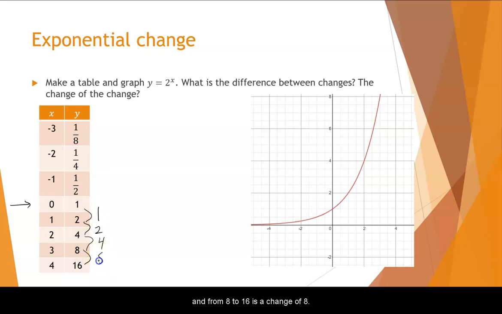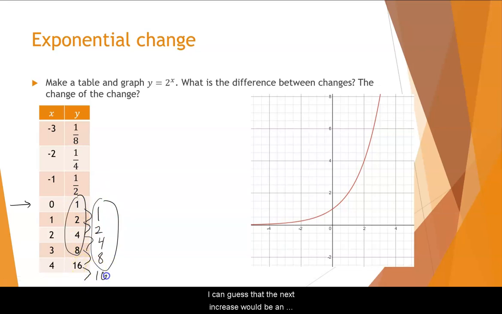And from 8 to 16 is a change of 8. So these numbers are not constant, but there's certainly a pattern there: 1, 2, 4, 8. I can guess that the next increase would be an increase of 16. So 16 plus 16 is 32.